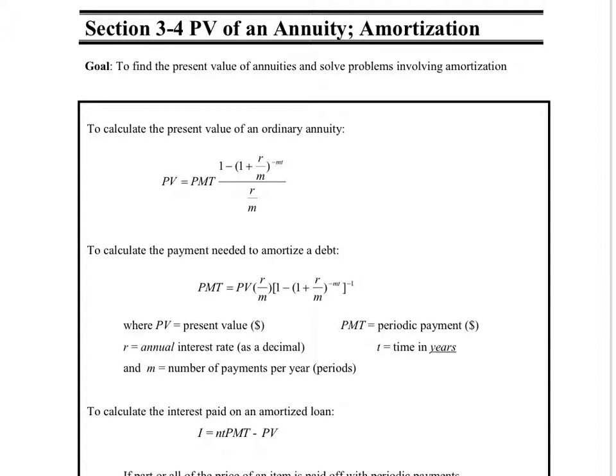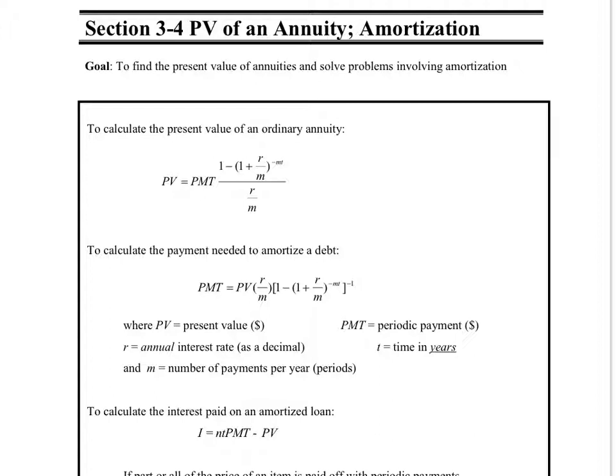Now, you will notice our formula has adjusted slightly, and that's because we're not looking for the future value, we're looking for the present value. We want to know what something would be worth right now. In other words, if I'm making payments over this period of time, what does that mean the value of this is right now when I'm purchasing it?